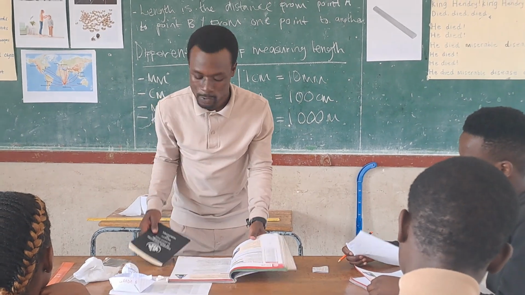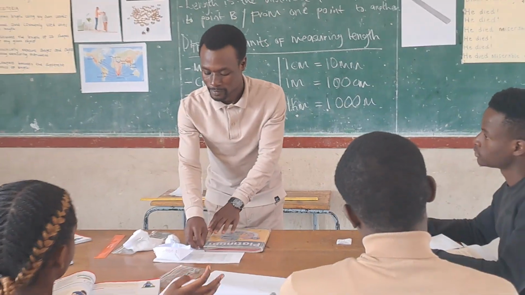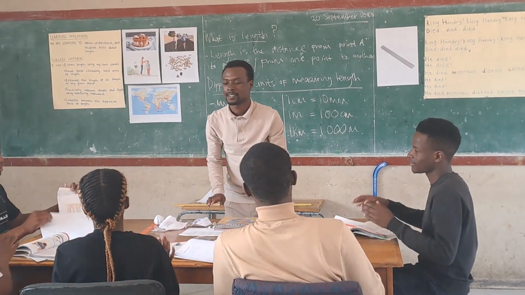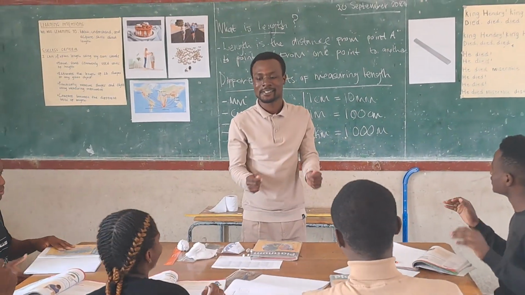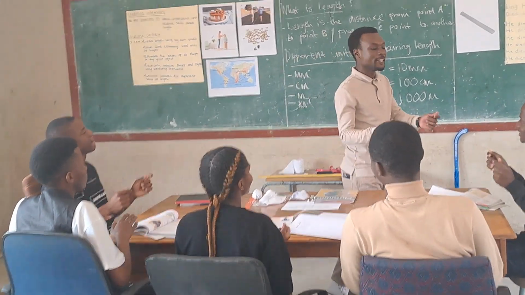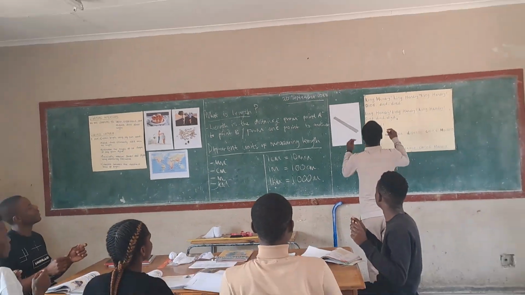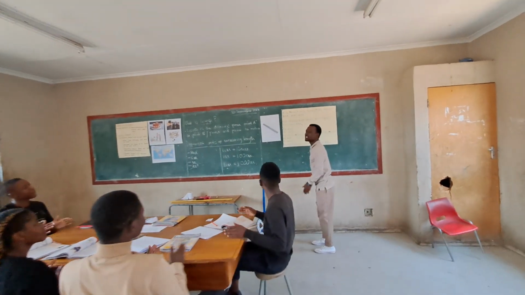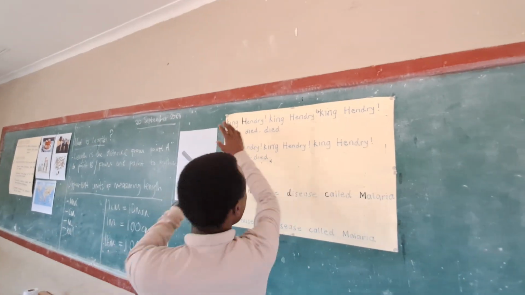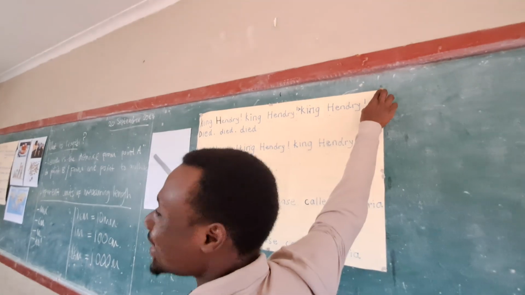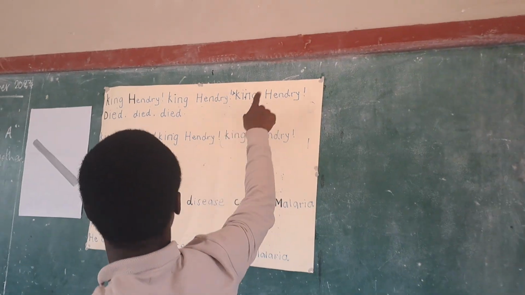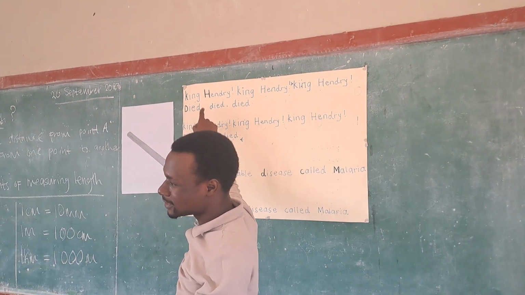So let's sing the song so that we can go for our break. We need a teacher, especially for the movement. If you say King Henry, then the boys say die.